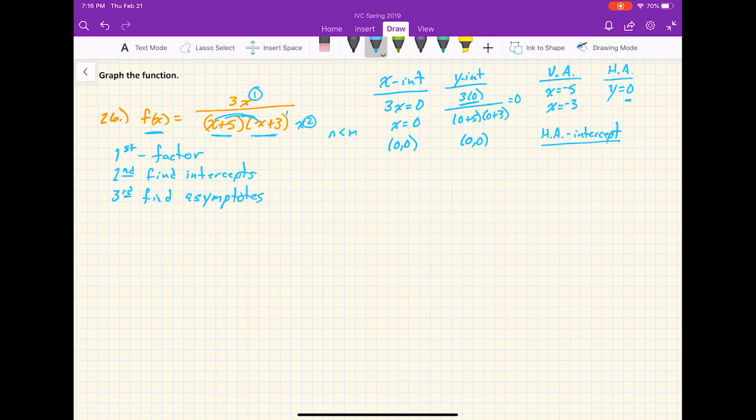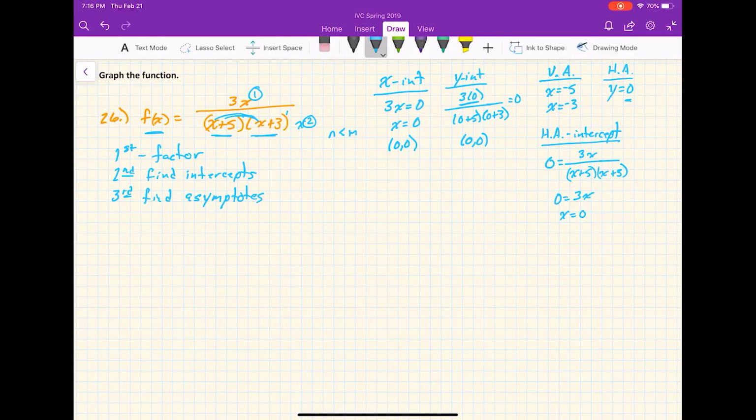So I just want 0 equals 3x over the quantity x plus 5 and x plus 3. This is pretty much the same as finding the x-intercept, because the bottom multiplied times 0 is 0, so we get 0 equals 3x, and then x is going to equal 0.